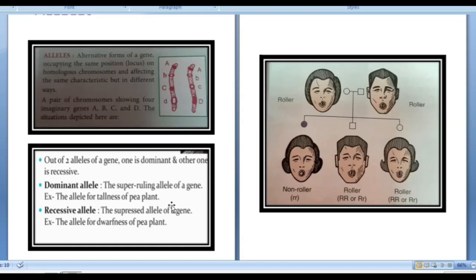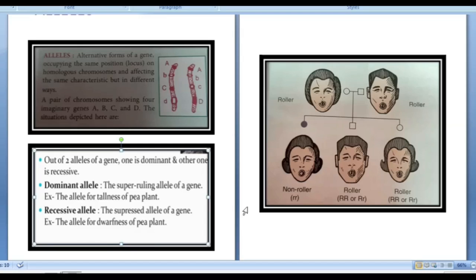For example, in garden pea, for the character height, the dominant allele is tall, and the other allele, the recessive allele, is the suppressed allele of a gene, which in presence of a dominant allele does not express itself. It expresses itself only in homozygous recessive condition. So, dwarfness of pea plant is a recessive allele.